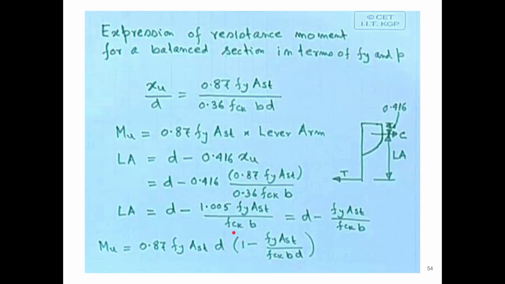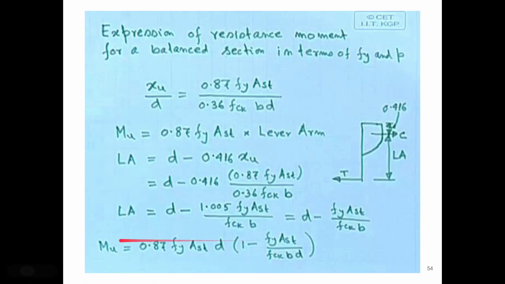If you take this as 1 only, we get D minus Fy AST by FCK B. So Mu will then become 0.87 Fy AST into D into 1 minus Fy AST by FCK BD.